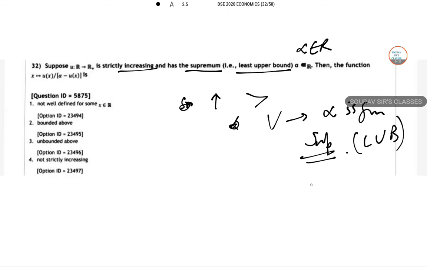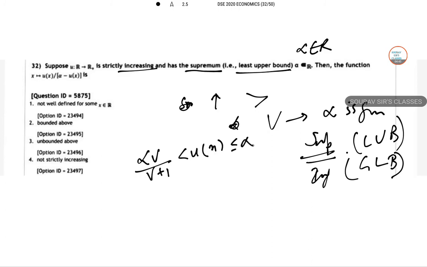So alpha, if you consider a value v, because alpha is giving the supremum value, the LUB. There is another thing, the infimum, GLB. Okay, so we can do it so that alpha minus v plus 1 is less than U of x, which is less than or equal to alpha.